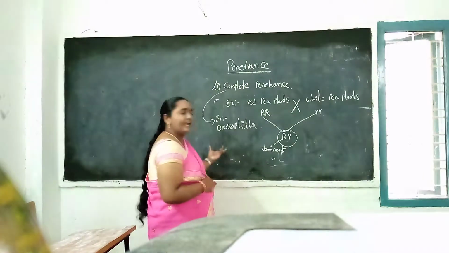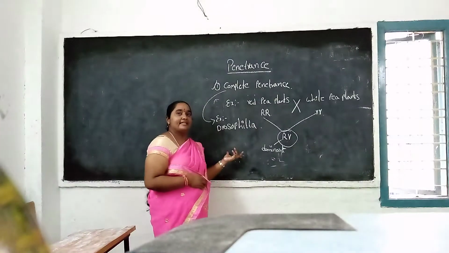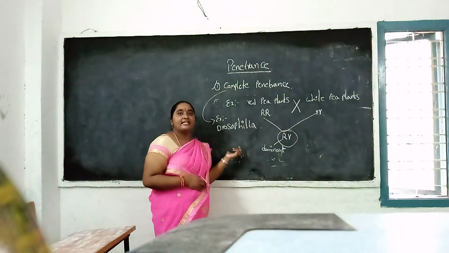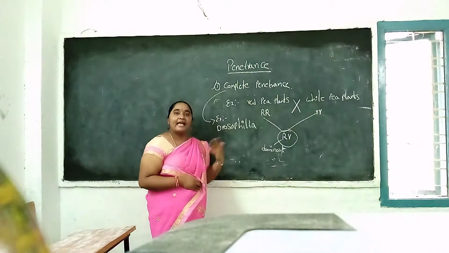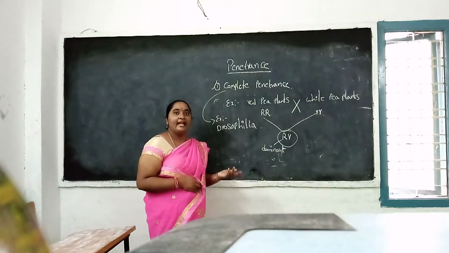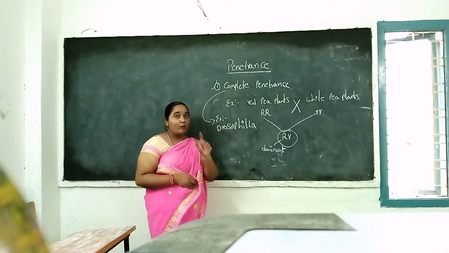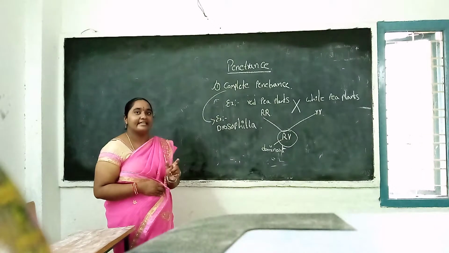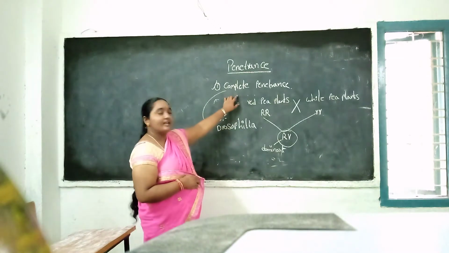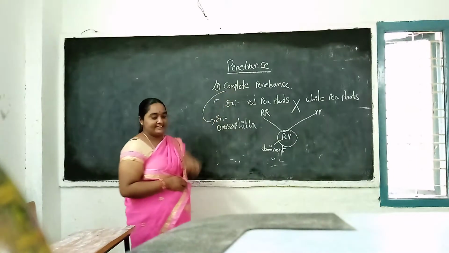Another example is guinea pigs, formed from a set of genes in homozygote conditions. The character is finally observed in heterozygote conditions. The homozygote condition produces the dominating gene. It is the best example for complete penetrance.